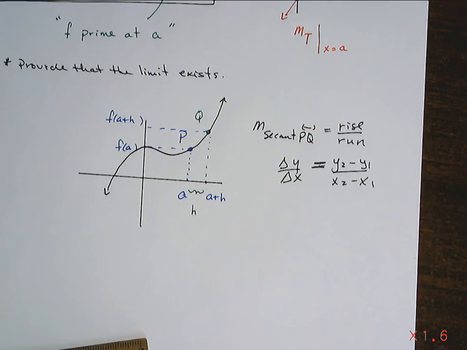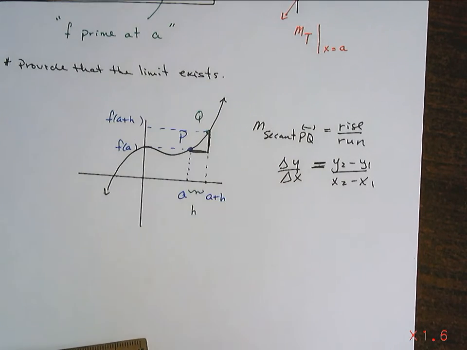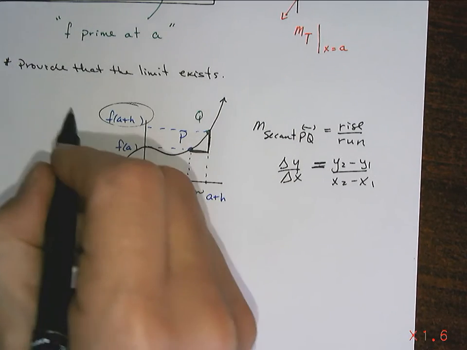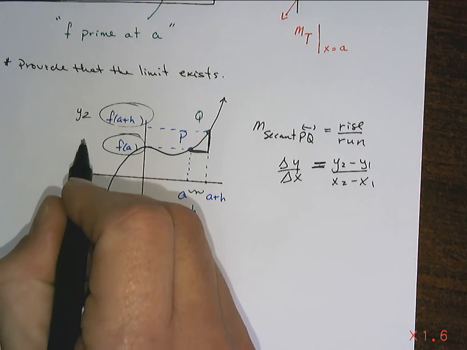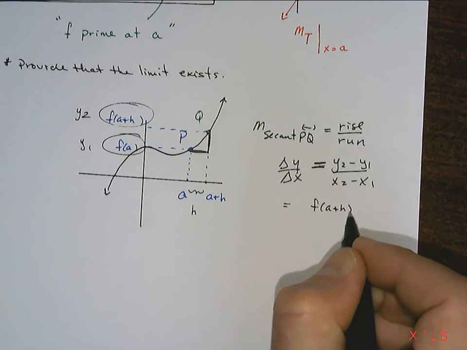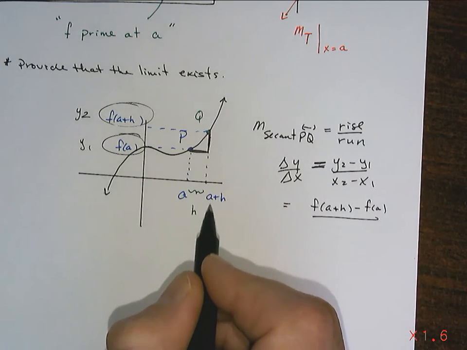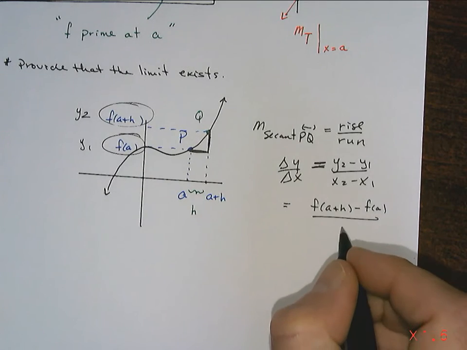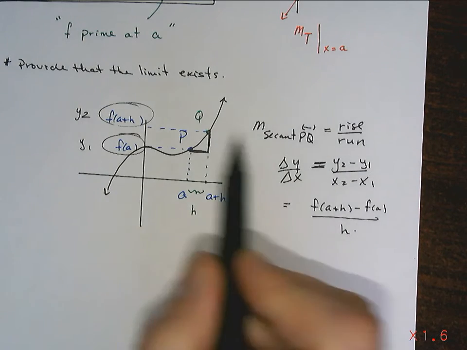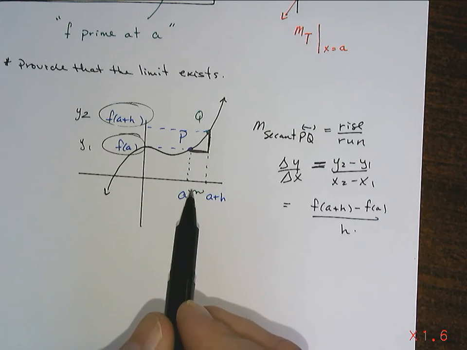So we have the difference in the vertical first, which is y2 minus y1, so it's f of a plus h minus f of a, over the difference in the horizontal, a plus h minus a, which we learned will always work out to be h. That's the slope of the secant, no matter where I put it.